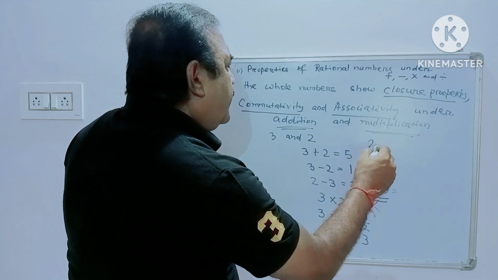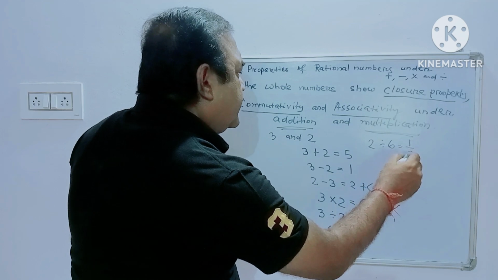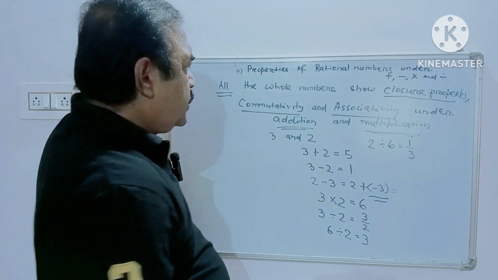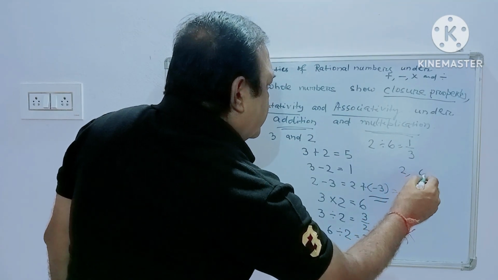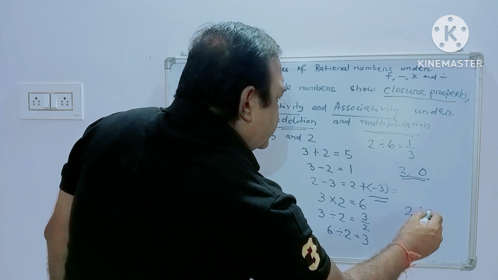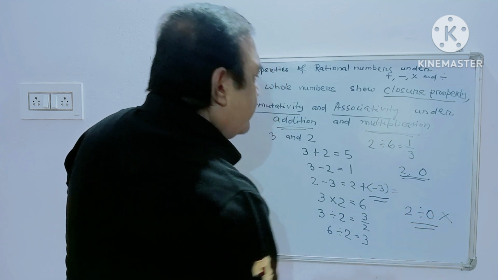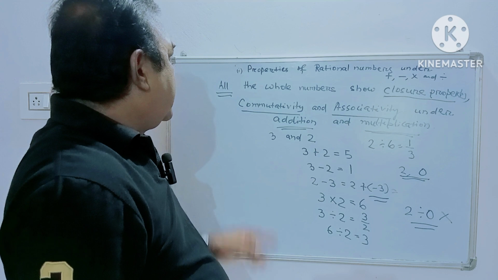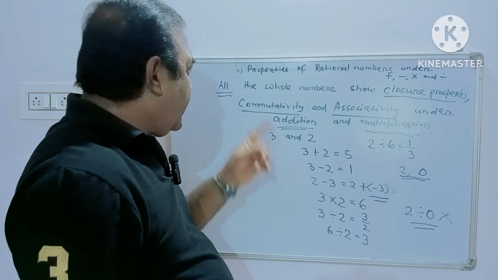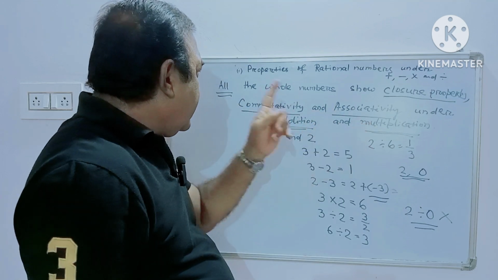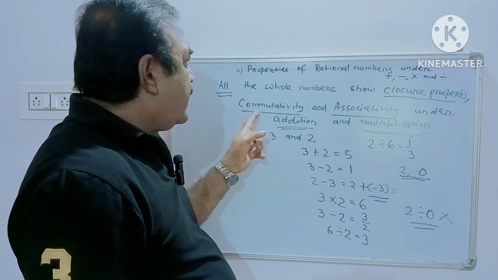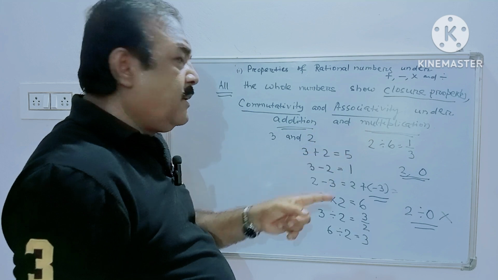But 2 divided by 6 is 1 by 3, which is not a whole number. And if I take 2 and 0, I cannot write 2 divided by 0. So the whole numbers show closure property only under addition and multiplication. Like this, we can also prove the commutativity and associativity properties under addition and multiplication.